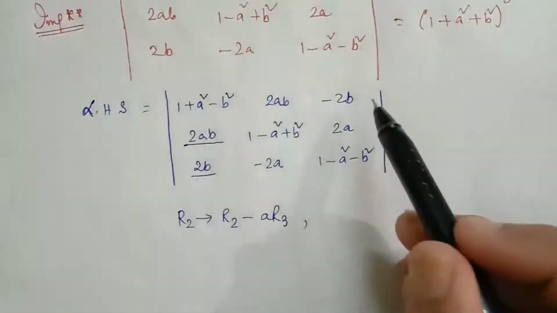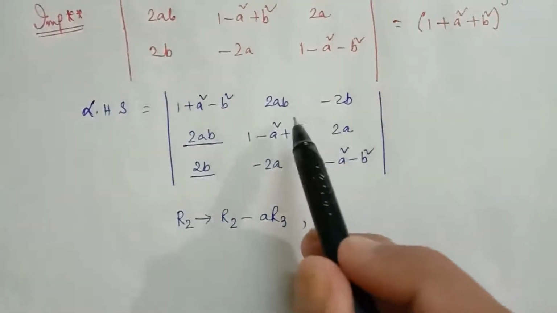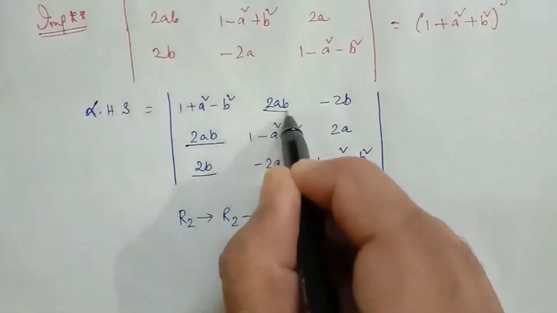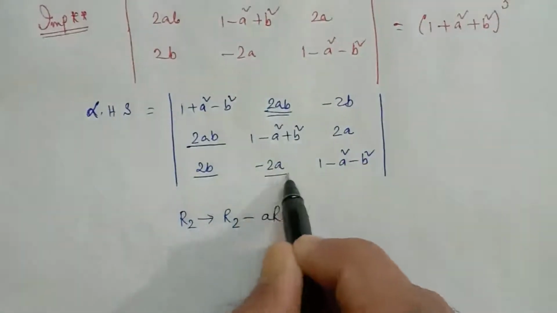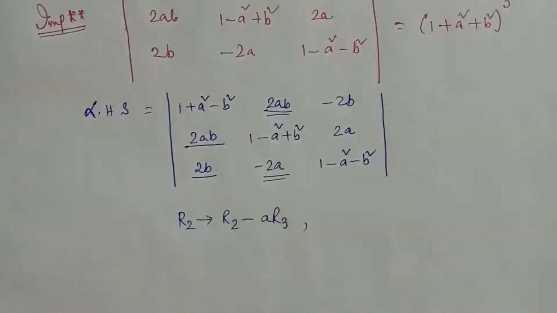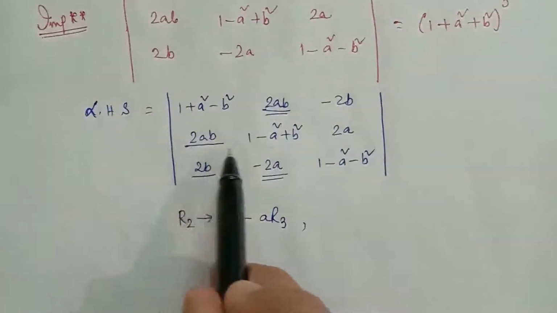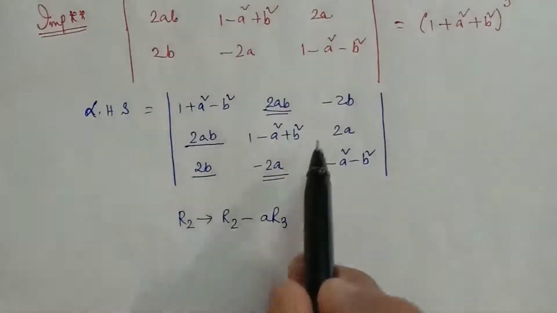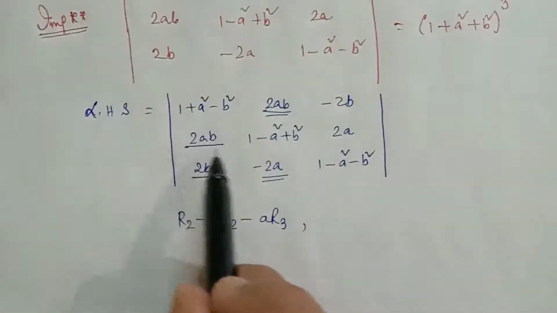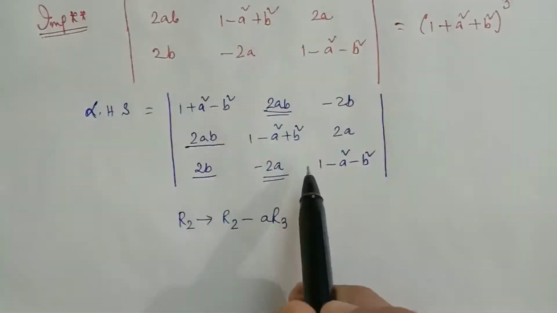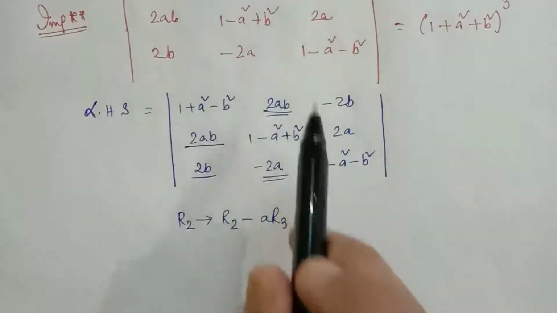Again you see, this element is 2ab and this is minus 2a. Here our R2 is changed. If we perform this operation, our R2 will change, but R1 and R3 will remain unchanged.